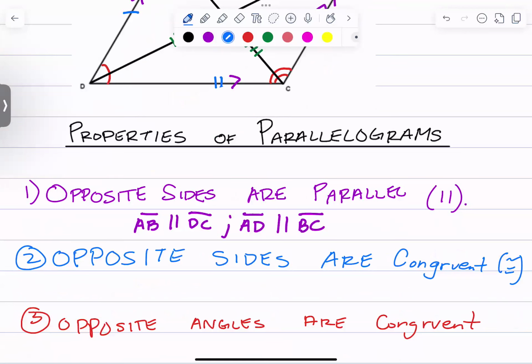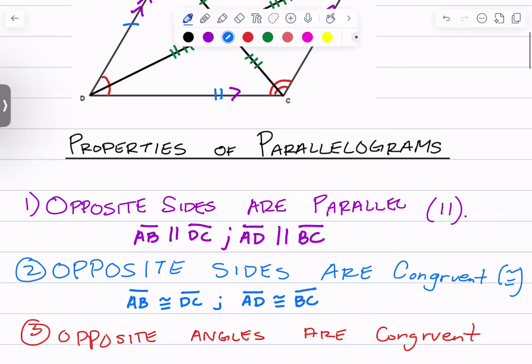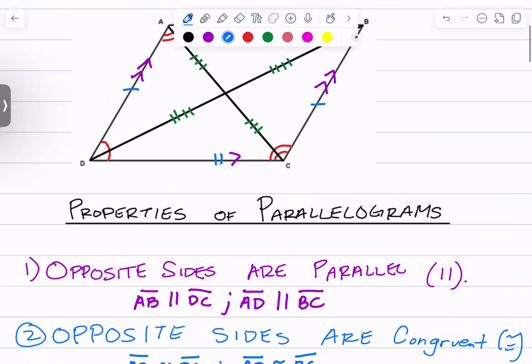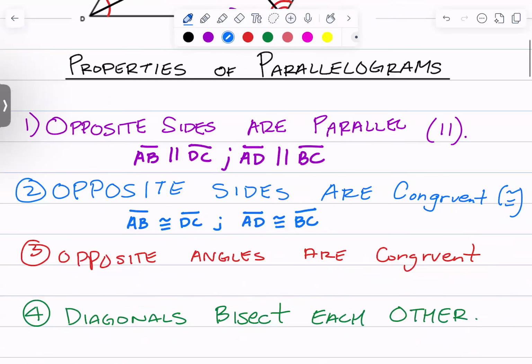Opposite sides are congruent. That means AB is also congruent to DC, and AD is congruent to BC. Okay. Opposite angles are congruent. That means that angle A is congruent to angle C, and angle B is congruent to angle D.